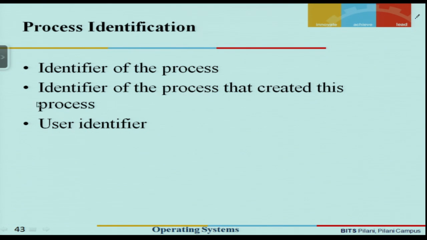In most operating systems, more specifically the Unix operating system, a parent-child relationship exists. Every existing process has a parent process. When the parent process is killed, the child process also gets killed. So there is some kind of parent-child process relationship.